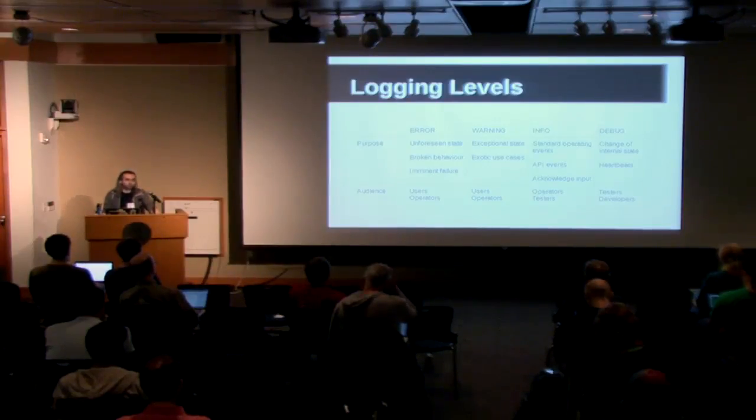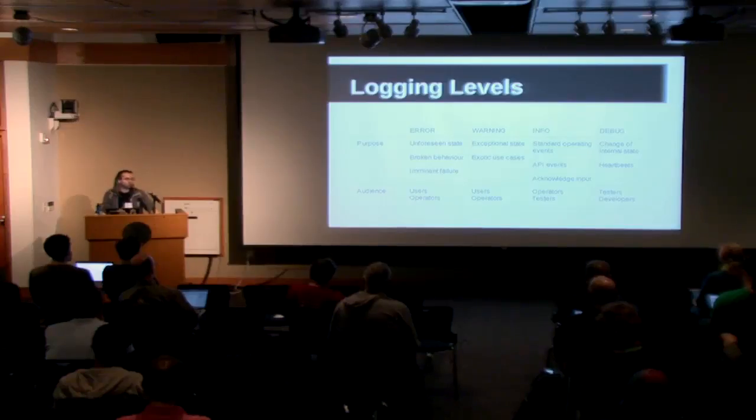Our error logs should tell us that there was an imminent failure and the program is about to crash, or there is some broken behavior in the API and some dependent program is about to crash because we didn't really understand what was going on. The developer did not foresee this state in the machine coming along. And that's really all that should be happening in the error level. This is really intended for the users and operators of the program or system that you're using.